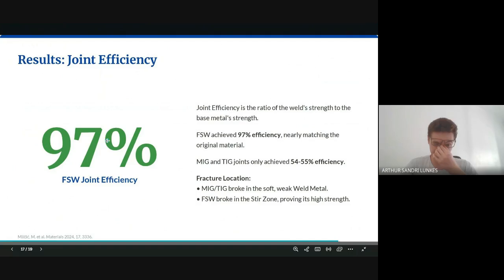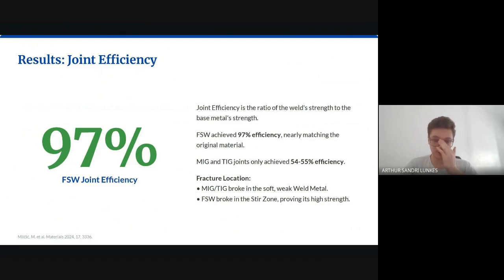So here we have the efficiency of the joint. The joint efficiency is the ratio of the weld strength to the base material. So it is how close the weld is to the base material. So the friction stir welding is very, very close to the base material, like 97%.